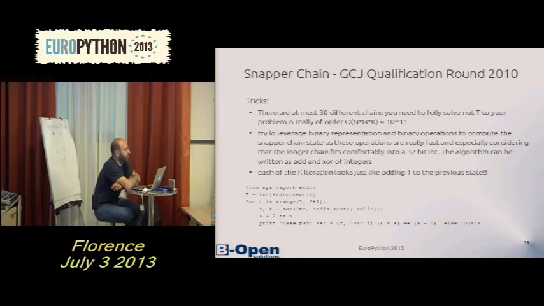And if you happen to think about that, you may notice that every time you switch it, you get an XOR operation on the integer that you were having. So it's actually a repeated XOR. So you can do the whole snapper chain with just one very fast operation for every time you switch on and off.